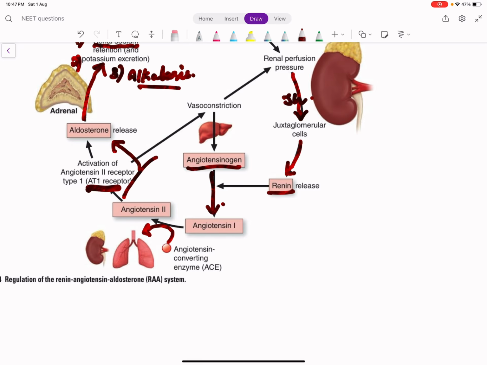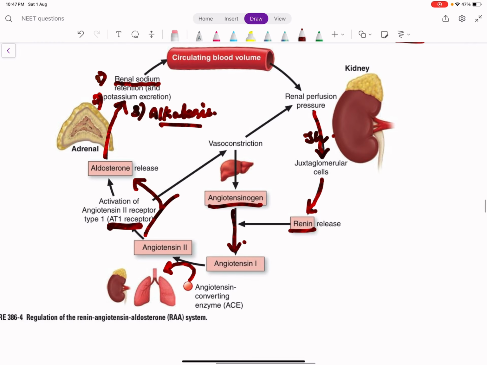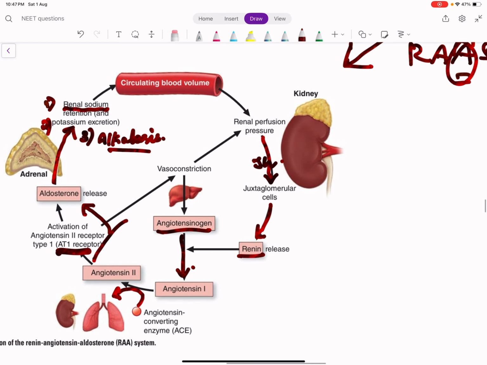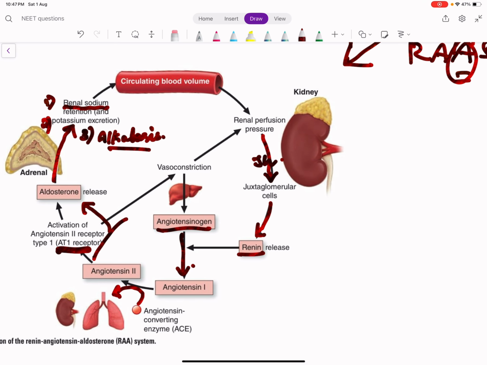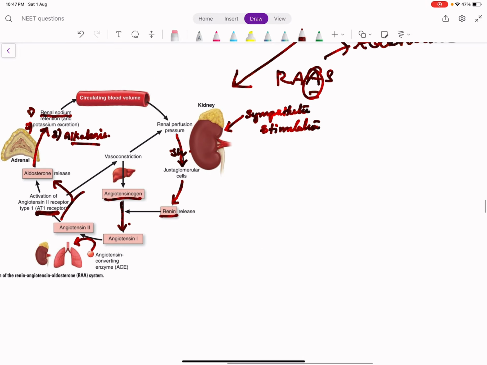Angiotensin 2 causes vasoconstriction and it stimulates aldosterone release. This pathway is very important in renal failure, liver failure as well as in heart failure, because most of the drugs will act in this system. For example, one stimulus which makes kidney secrete renin is sympathetic stimulation, beta stimulation. So we know the drug which inhibits sympathetic stimulation, beta blocker.